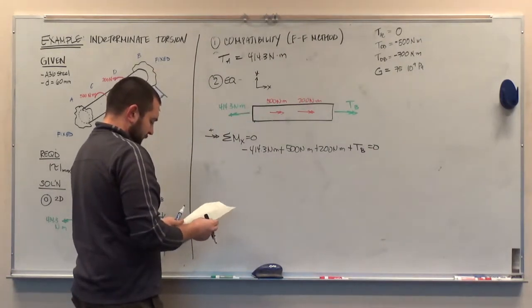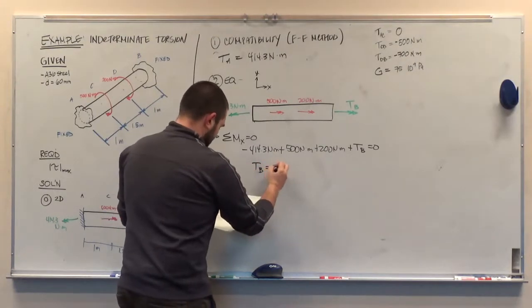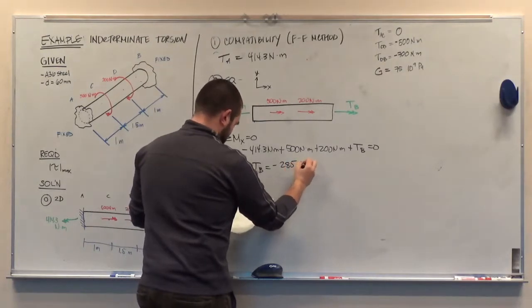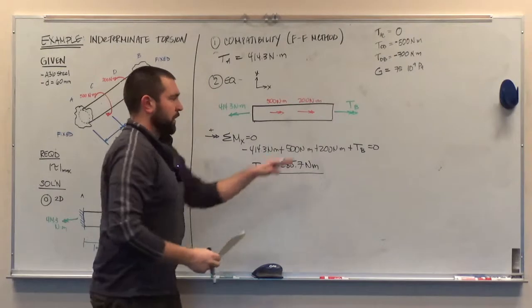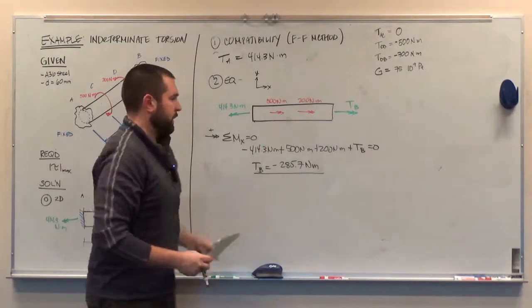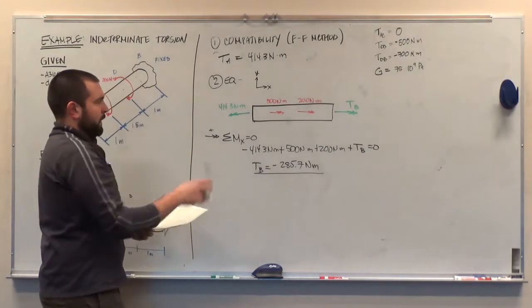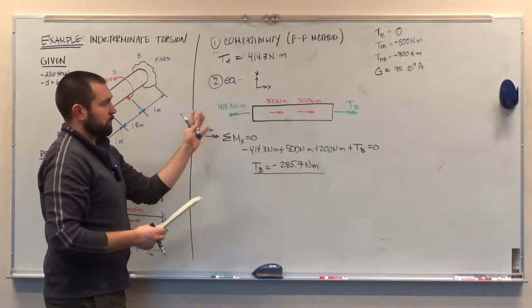And what we end up getting is that the torque at B is equal to negative 285.7 Newton meters. That just means that the sense of this vector is actually in the other direction, which is fine. Okay, and once I have all of that, I've solved for the entire length of the beam.